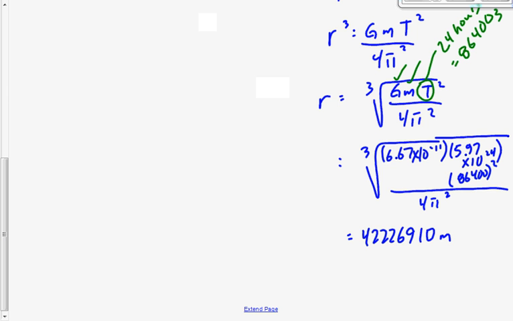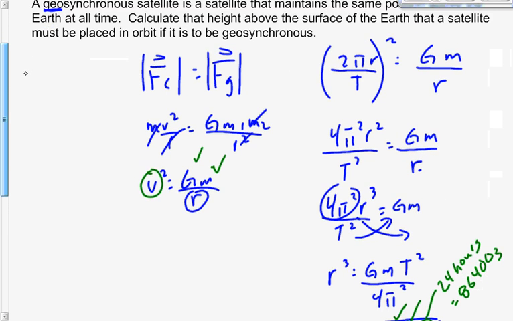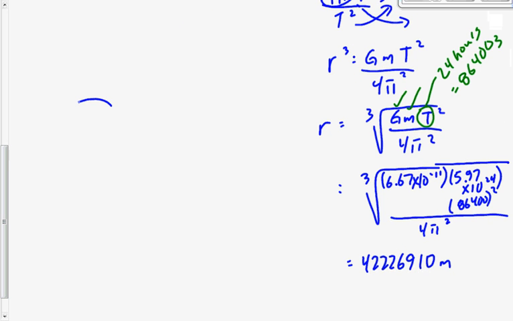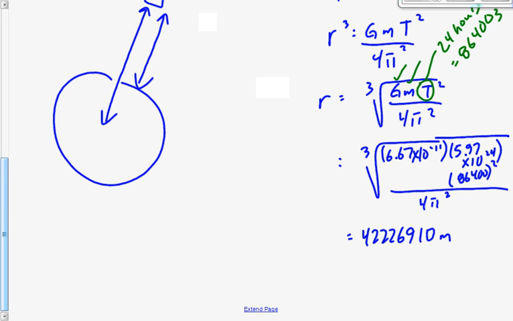Is that my final answer? Oh my goodness, it's not. What have I just found? That's what I've just found. What did I want to find? This. So what do I have to do? Add the radius of the Earth in?